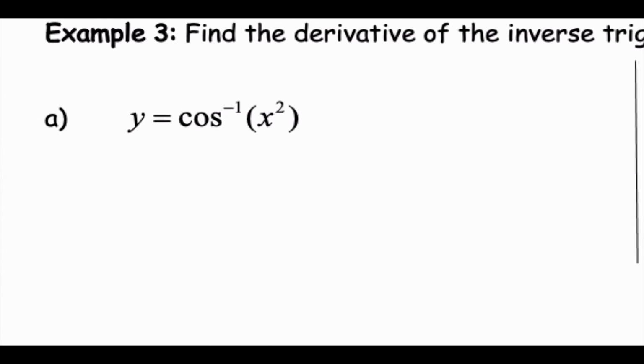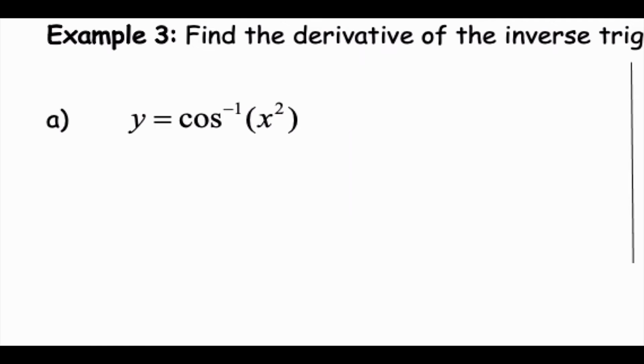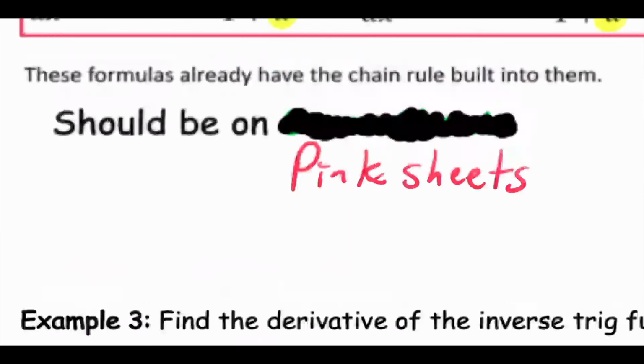Well, the stuff is in parentheses. The stuff will almost all the time be in parentheses. The only time it won't be is if it's just x. So negative derivative of that. Well, let me find the positive derivative first. What's the regular derivative of the stuff? 2x. Well, what's the negative derivative of the stuff then? Negative 2x. Okay, that's the first part.